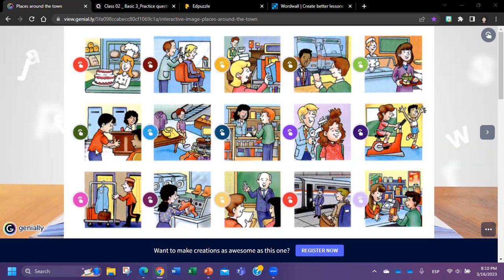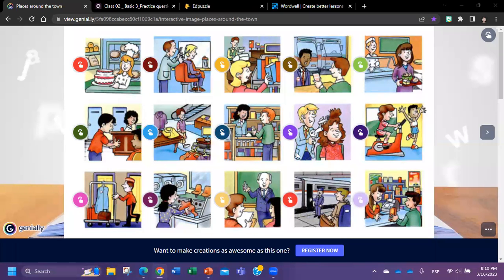Hospital. Very nice. Or it can be a clinic, a hospital, or a clinic. Next one. Mall. Clothes shop. Okay, could be a mall, could be a clothing shop, or a department store. Department store, for example, Siman is a department store because you have different things in the place.